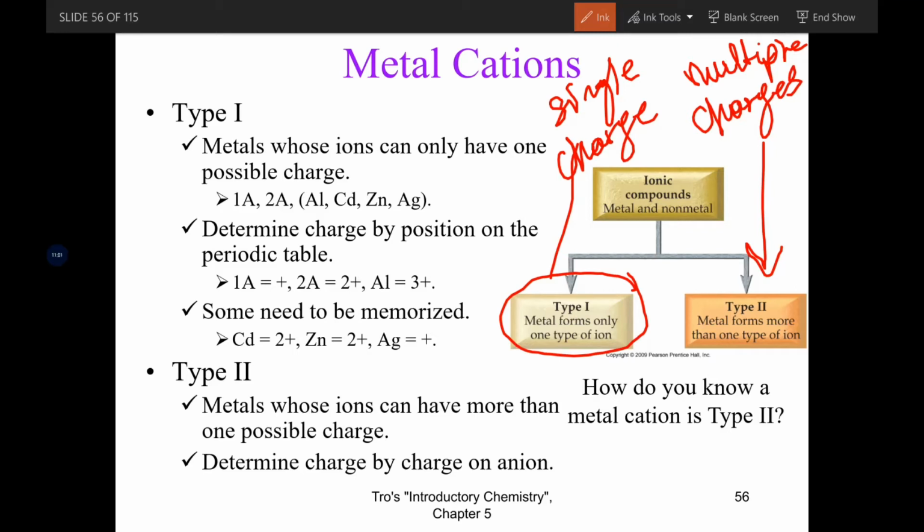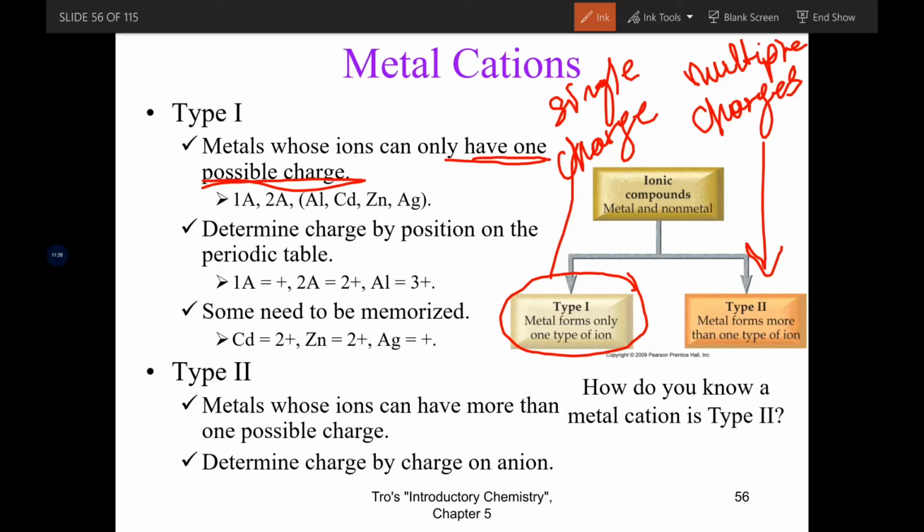The ones that have only one possible charge, a single charge, are in group 1A on the periodic table. Group 1A, those are sodium, lithium, and the rest of the elements within that group. Then we have group 2A, where you have calcium, magnesium, and the rest of the elements in that group.